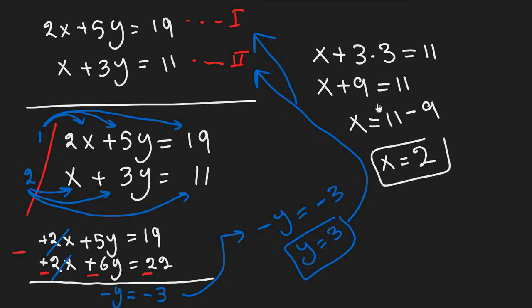So we found x is 2. Oh, sorry, I put x equal to 2 instead of highlighter, I took the eraser. This one, x is 2 and y is 3.